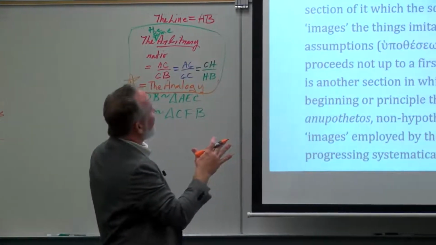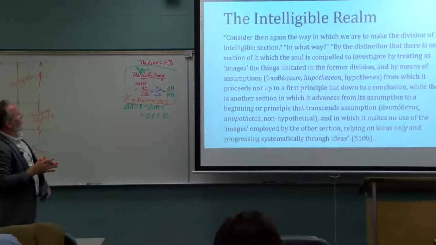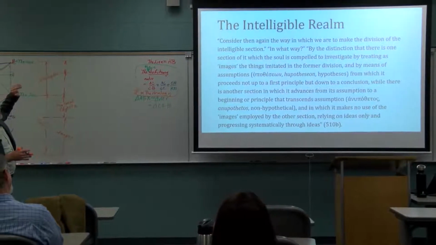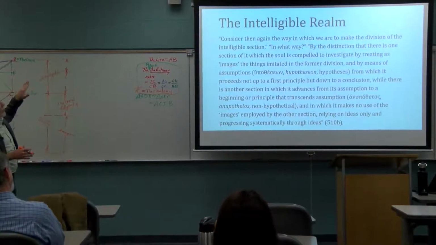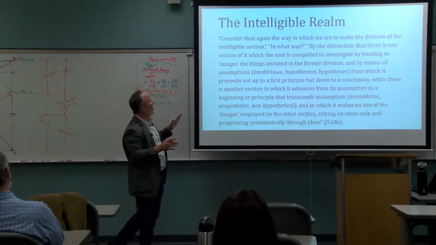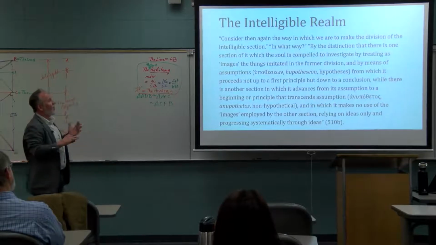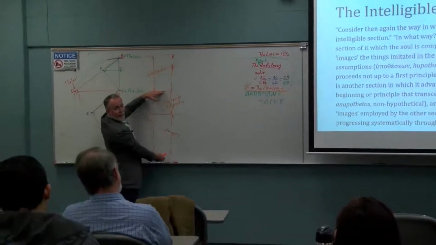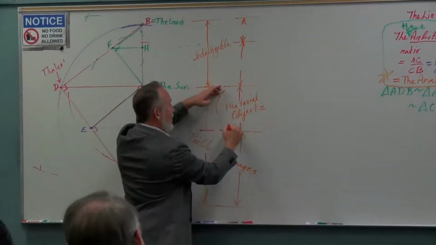He says, then consider again the way in which we are to make the division of the intelligible section by the distinction that there is one section of it in which the soul is compelled to investigate by treating as images the things imitated in the former division. So the things imitated in this division are the material objects.